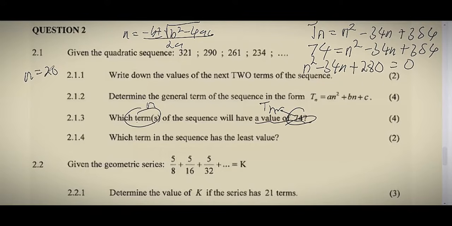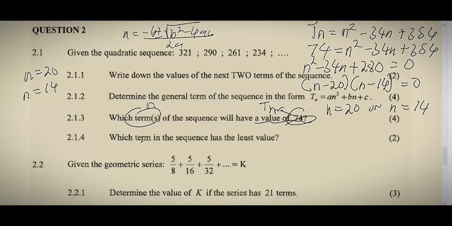And then the other one, if I change the plus to a minus, I'm getting it as n is equals to 14. So I'm just going to go ahead and write this like this, as if I factorized: n minus 20 and then n minus 14 is equals to 0. So my n is equals to 20, or my n is equals to 14.